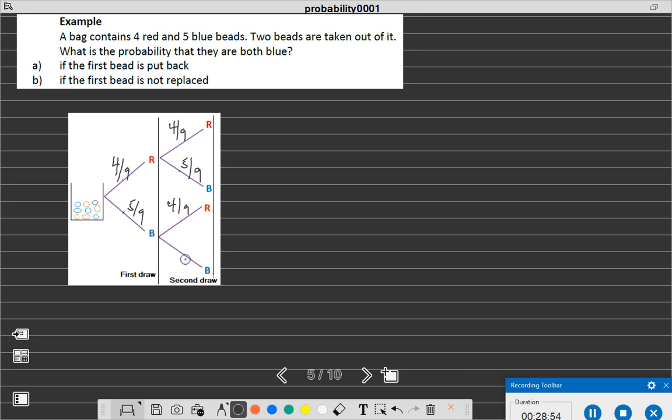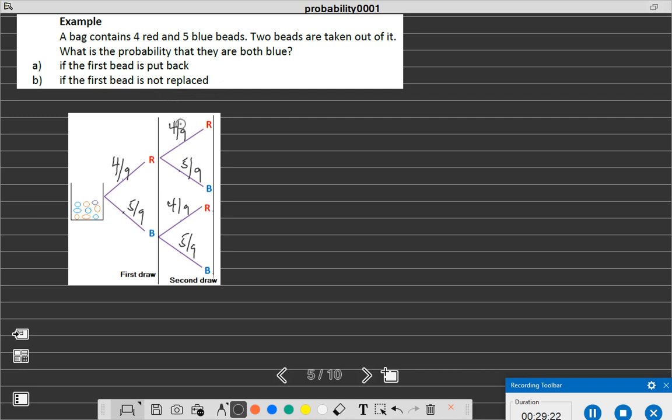Same applies here. We are having 5 out of 9. I think you can see that here you return the bead. The first bead is selected, then returned. So we shall always be having the same number of beads at each selection. So that's why you need to understand the difference. Like in part B, they said if the first bead is not replaced. So we shall come to that.